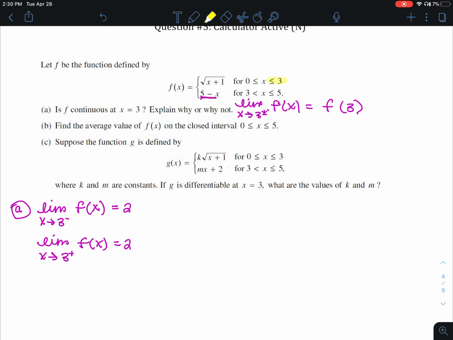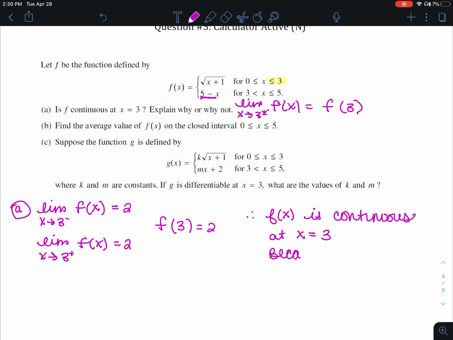So we would write f of 3 equals 2. Therefore, f of x is continuous at x equals 3. And that is because the limit as x approaches 3 of f of x equals f of 3.